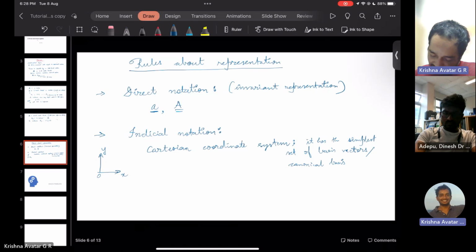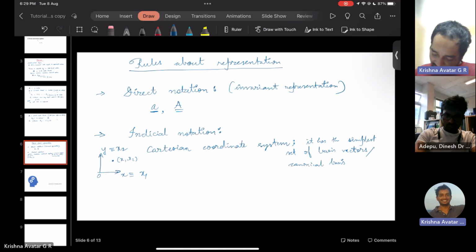Now in terms of indicial notation, we'll call x as x1 and y to be x2. This gives us that any coordinates in this particular frame will have x1 and x2 as the location of a point which lies in this Cartesian plane.